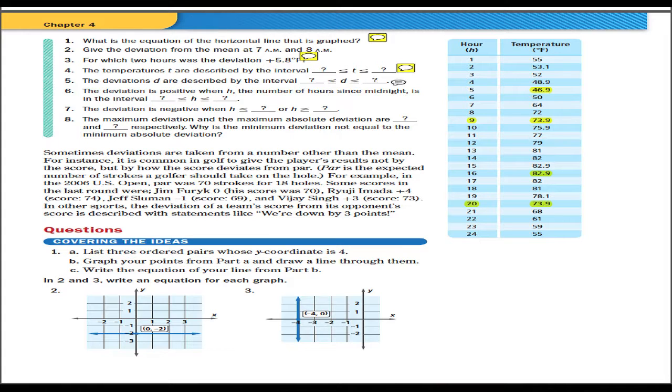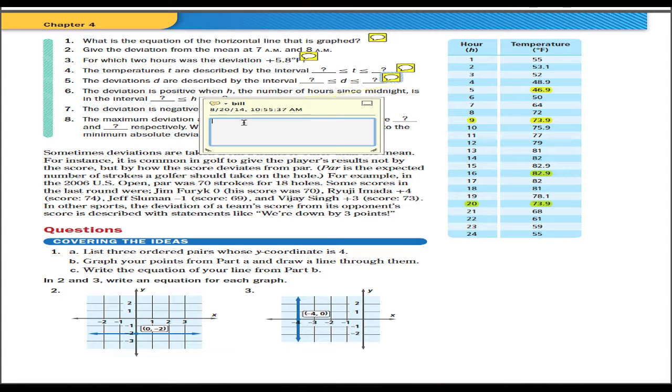For the low temperature, it was 46.9 minus 68.1, and that equals a negative 21.2.